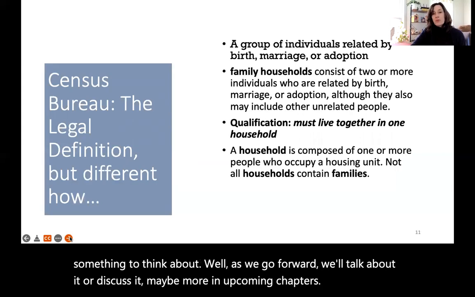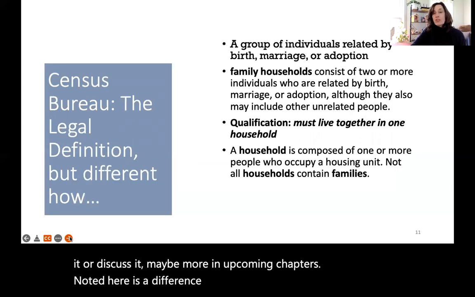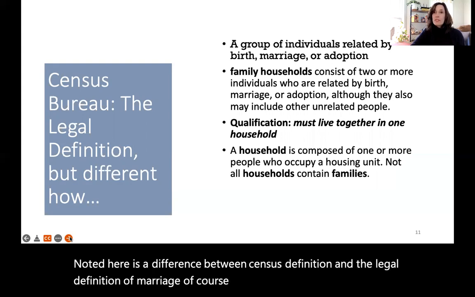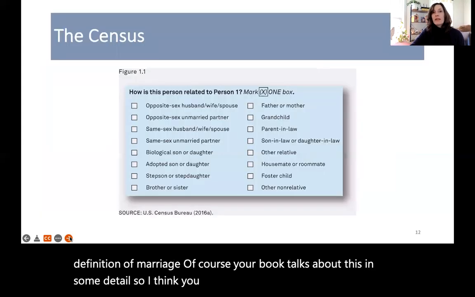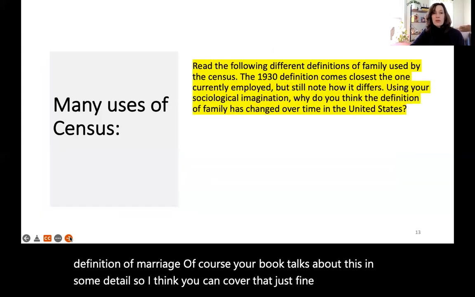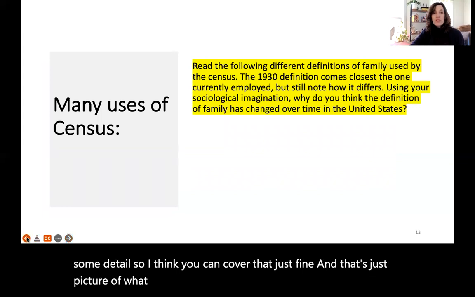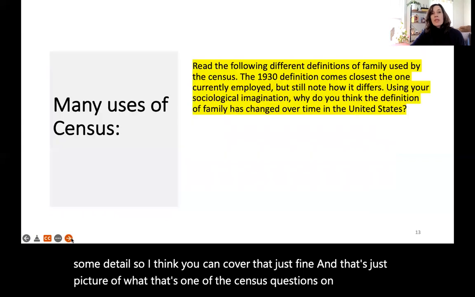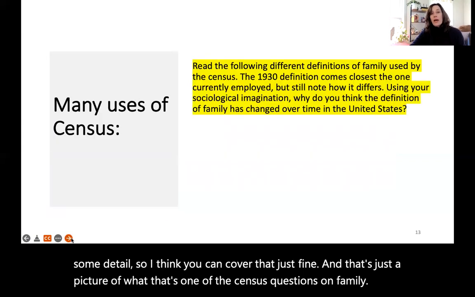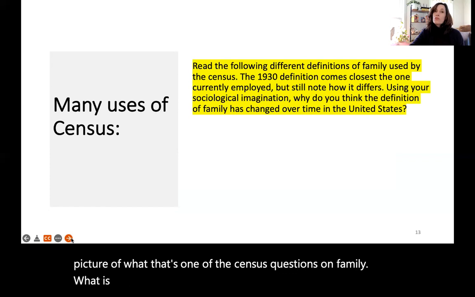Noted here is a difference between the census definition and the legal definition of marriage. Of course, your book talks about this in some detail, so I think you can cover that just fine. And that's just a picture of one of the census questions on family. What is included in the next few slides is some historical definitions.